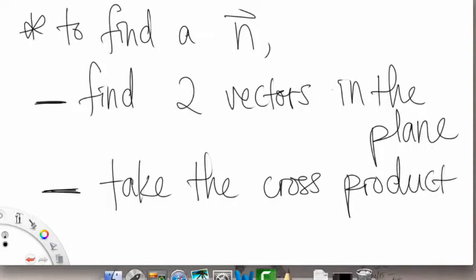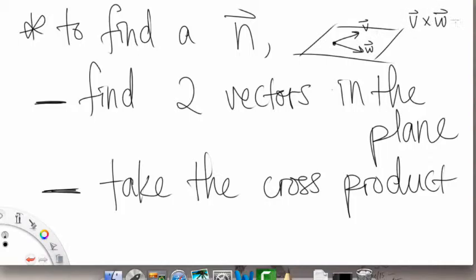Okay, so here we see an application of the cross product, and remember, we do so because we want to find, let's say, okay, so here we have a plane, all right? So what we have to do is find a vector in it, and find another vector in it, okay? And then when you cross those two, let's say it's V and W, the resultant vector that you obtain from taking the cross product is going to be orthogonal to both of your original vectors, okay?